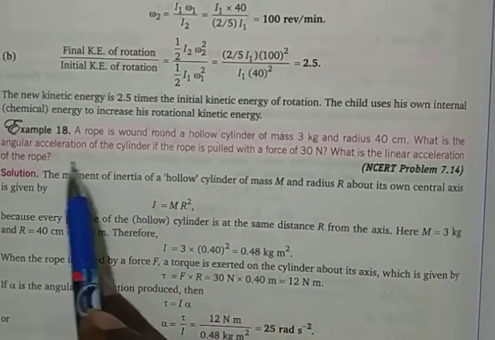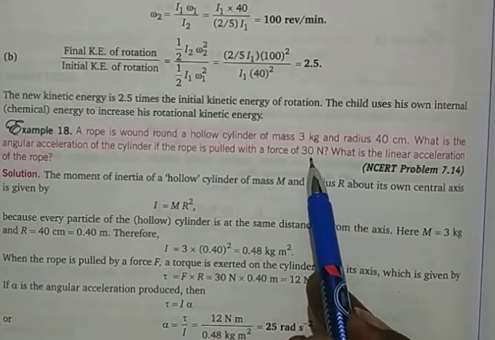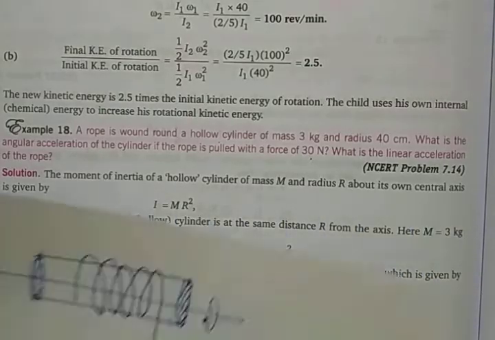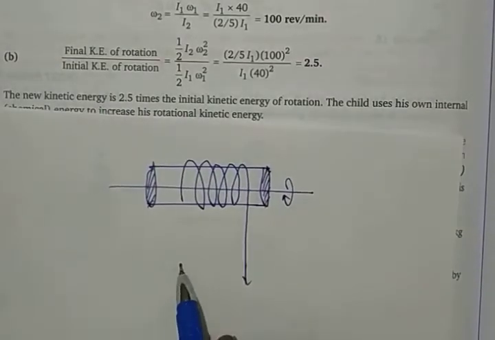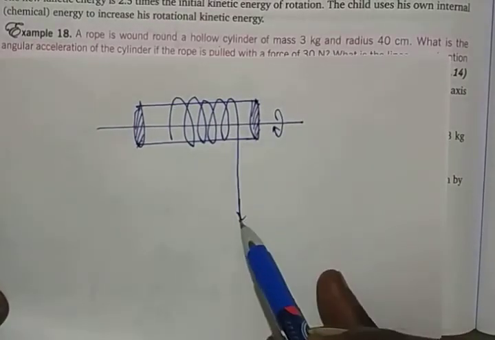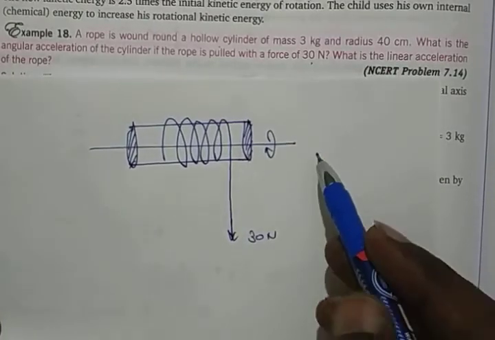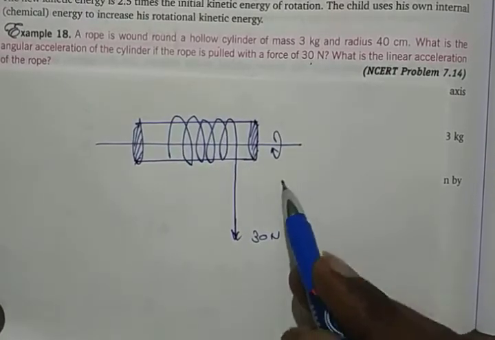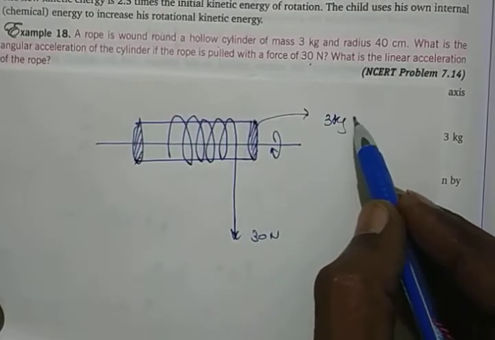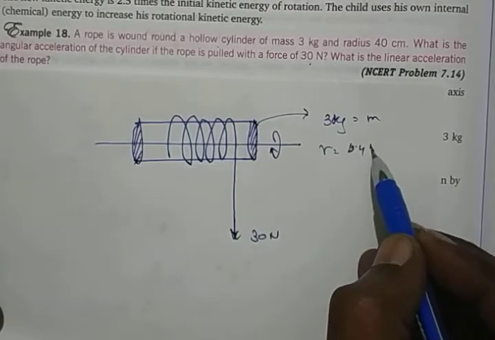What is the angular acceleration of the cylinder if the rope is pulled with a force of 30 newtons? And what is the linear acceleration of the rope? So you find a diagram like this. This is being pulled like this with a force of 30 newtons, and it is going to rotate, right? And this cylinder has mass 3 kg and radius 0.4 meters.